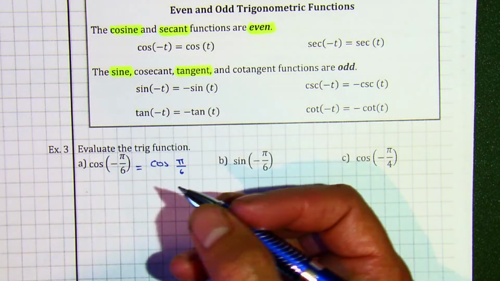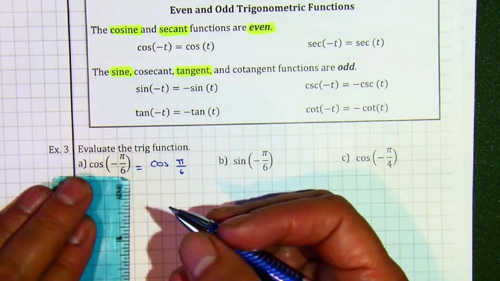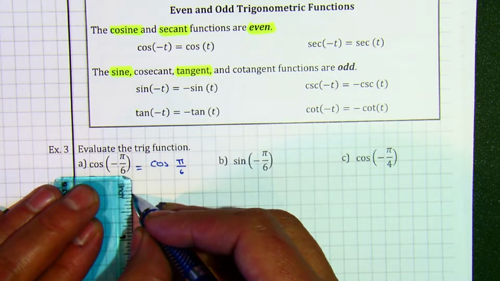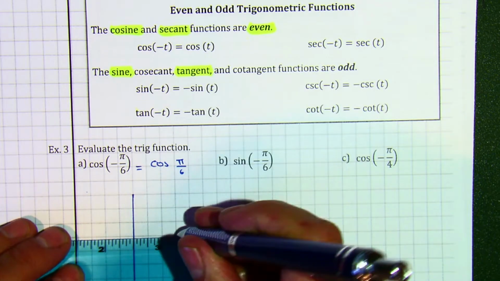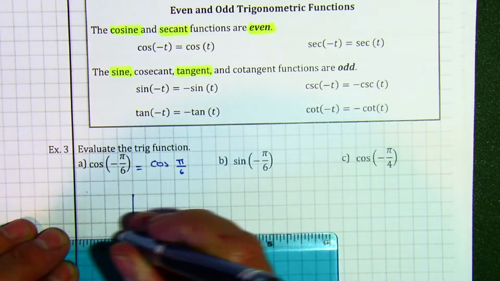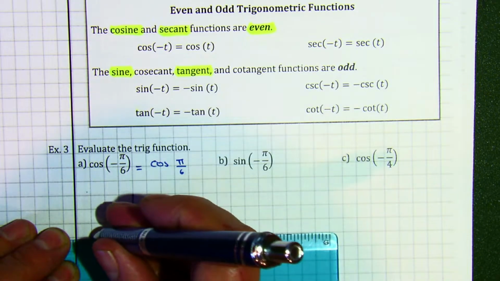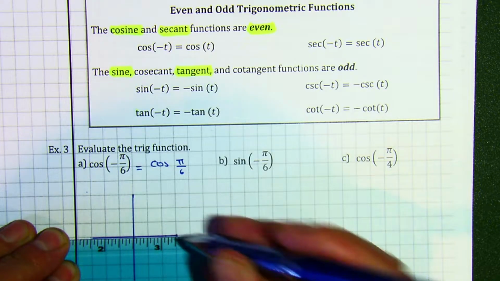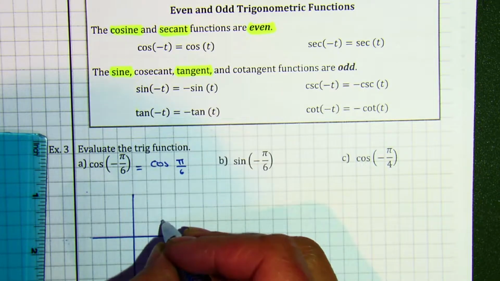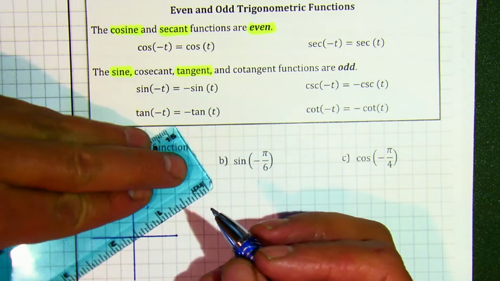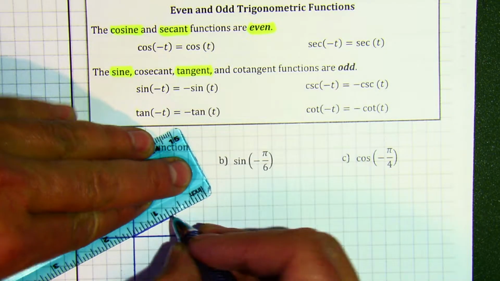And if we make an x and y axis, and for your homework, whenever you have to evaluate, I do need to be able to see your x and y axis and your triangle being drawn. Pi over 6 is your 30 degrees, 30, 60. I'll make my quick.